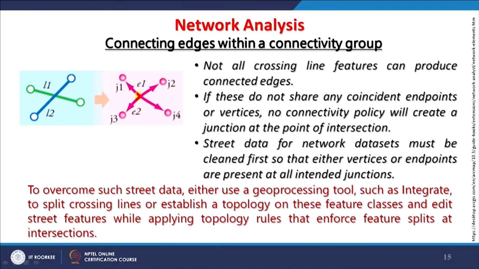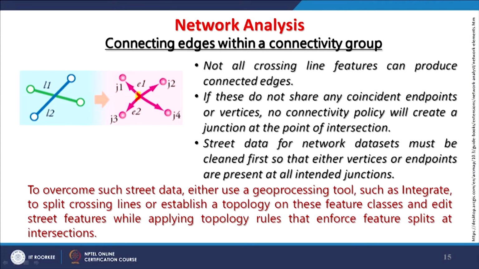To overcome this, either a geoprocessing tool in GIS, like in ArcGIS, can be used to split the crossing lines, or one can establish a topology on these feature classes and edit street features while applying topology rules that enforce feature split at junctions.